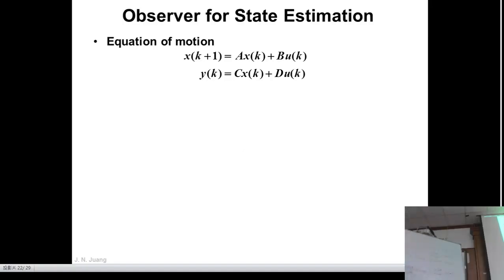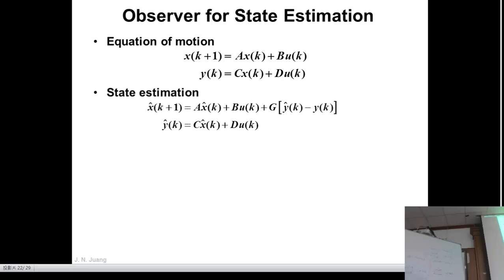That's my equation of motion, and look at the state estimation. Just focus on the hat. I write x hat. All the quantities with hat mean that it is the estimated state.